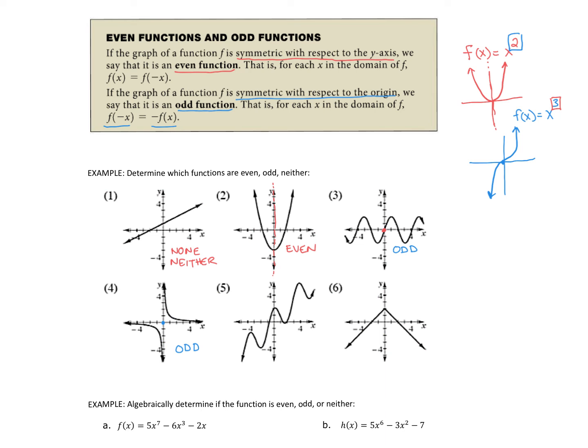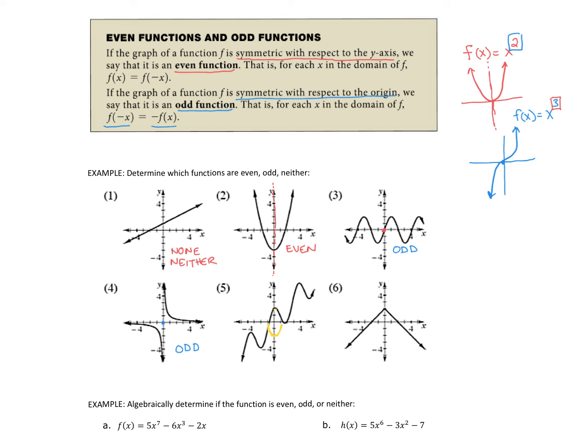This last one, or number 5, certainly if I fold it on the y-axis, it's not going to have symmetry, or the x-axis, it's not going to have symmetry. But if you can visualize what this would look like rotated around 180 degrees, keep in mind that this high point here is going to be down here. So it's going to look different.